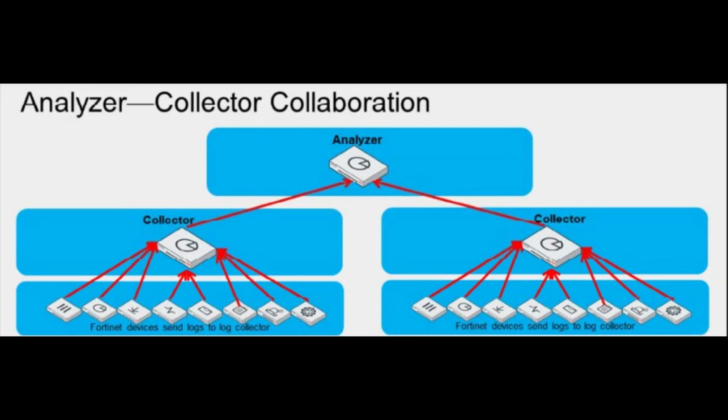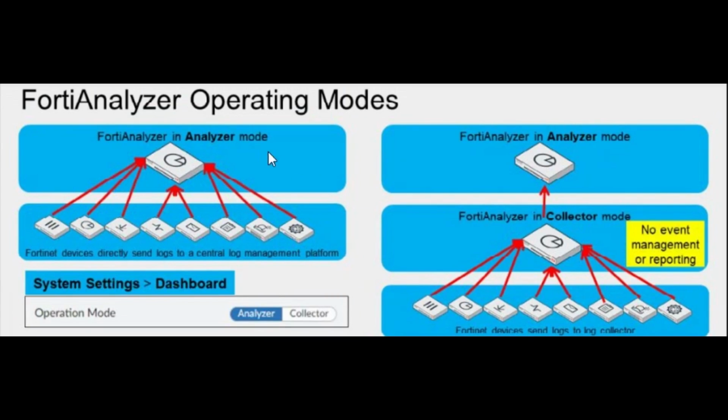In collector mode, the Fortinet device sends logs to the log collector, and the log collector sends logs to the FortiAnalyzer. It's like an intermediate device. In collector mode, there is no event management and reporting option. Hope you can understand the difference between analyzer mode and collector mode.